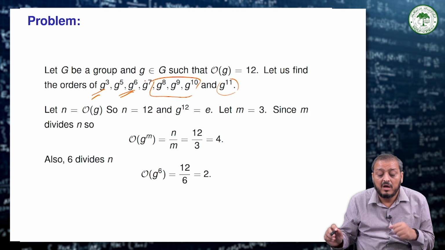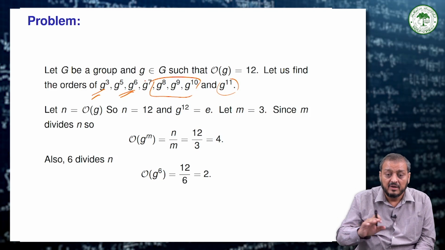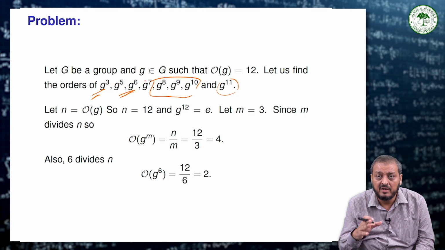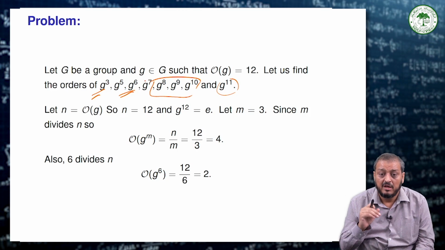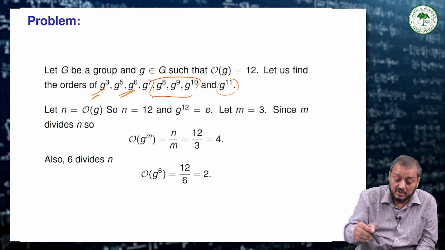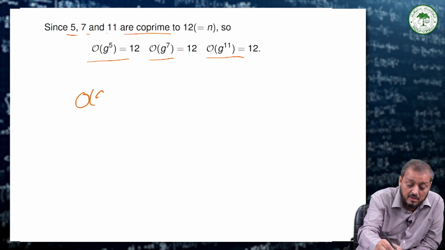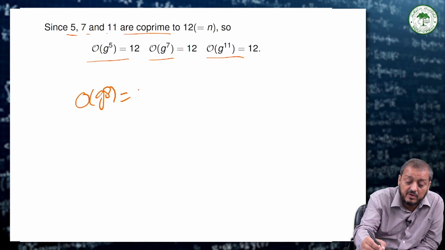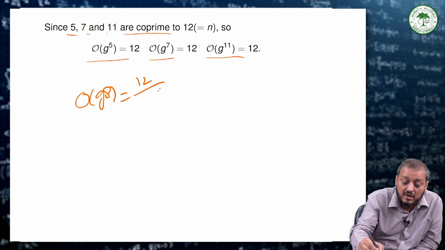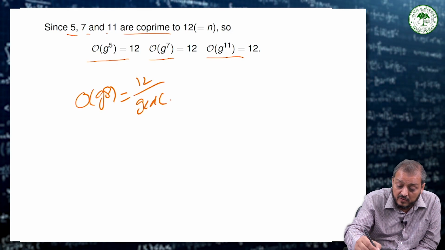So we have to find the orders of G to the power 8, G to the power 9 and G to the power 10. The order of G to the power 8 is n divided by the GCD of k and n, with n equal to 12 and k equal to 8.